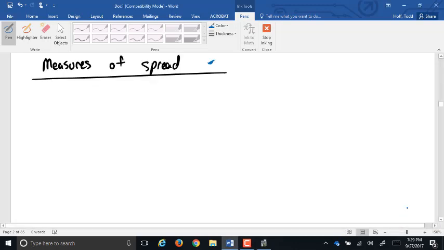So we need to talk about measures of spread. Measures of spread, or dispersion, is the other word that is sometimes used for them. How the data is dispersed.